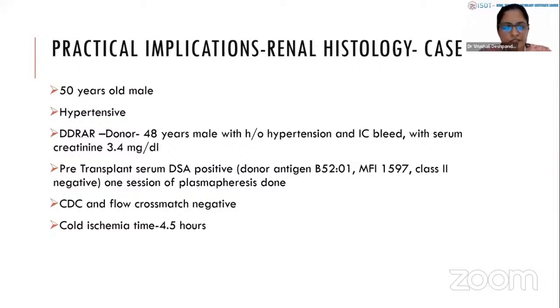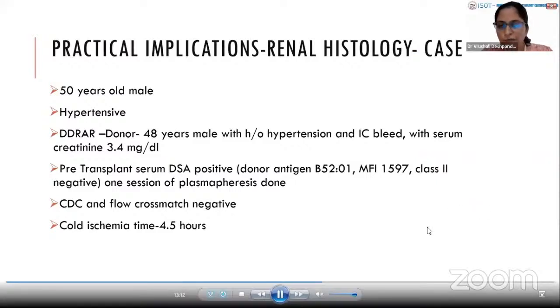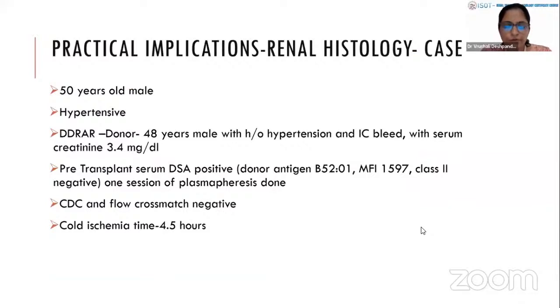His pre-transplant workup showed serum DSA positivity for class 1 antigen with an MFI of 1597. Class 2 antibodies were negative. His CDC and flow cross-match were also negative. And still, the transplant team decided to go ahead with one session of plasmapheresis. His cold ischemia time was 4.5 hours.